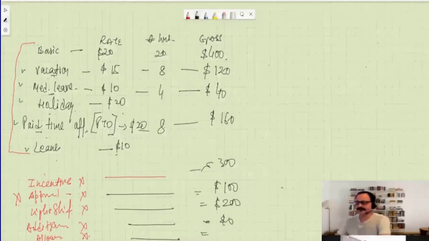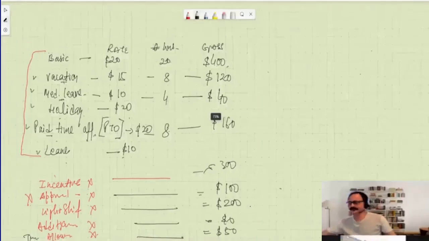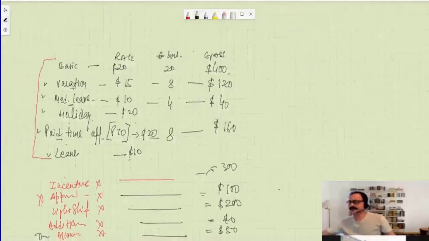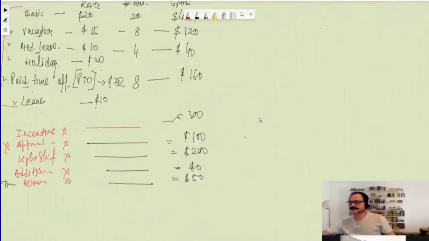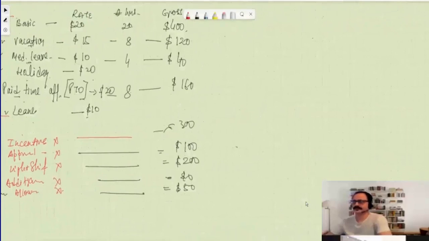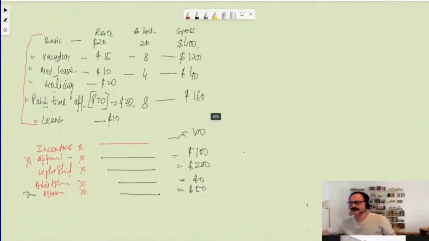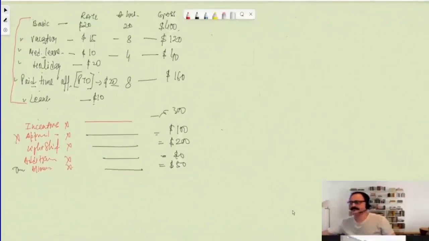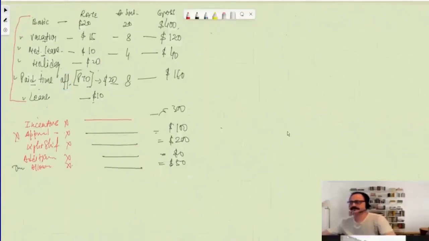He got some allowance this time, maybe night shift allowance or some transport allowance, $50. Right. So what is the total now? Total he earned in this pay stub was $730 from top to bottom.